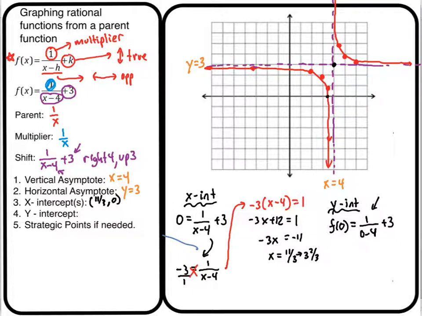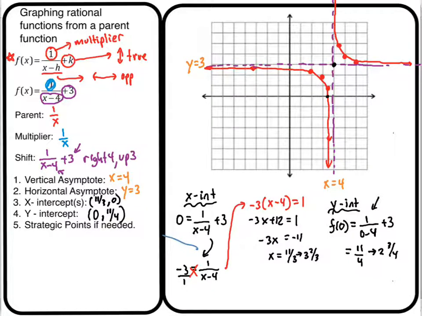If I add negative 1/4 to 3, that is going to give me 2.75, or if we keep it in fractional form, 11 over 4. Getting some common denominators there, so I hope we're good with fractions here. So 0, 11 over 4, and again, that is about 2 3/4.